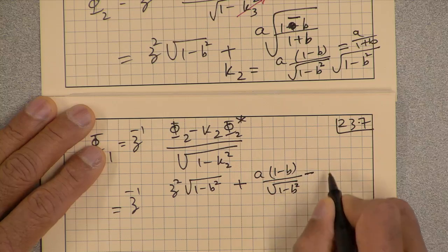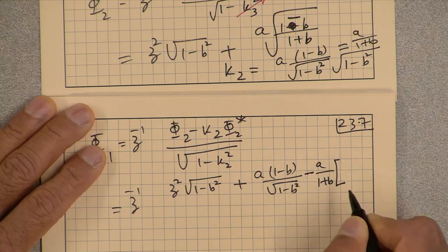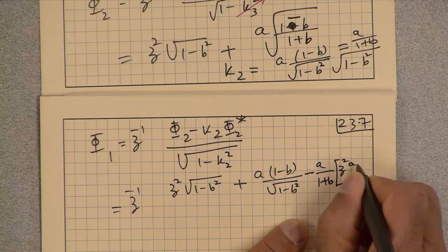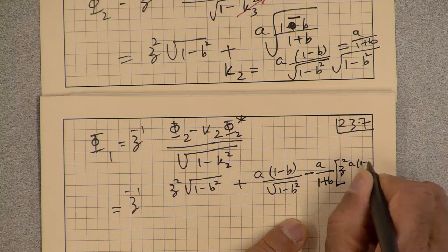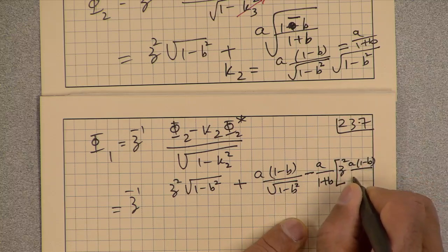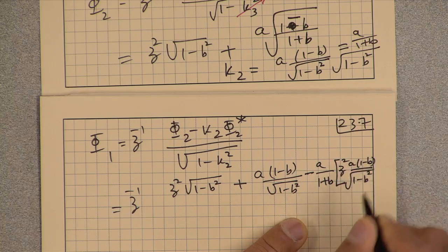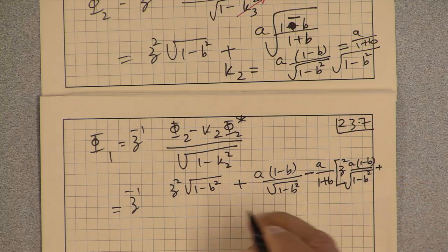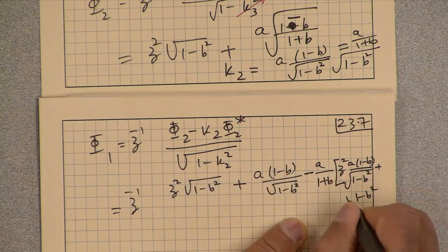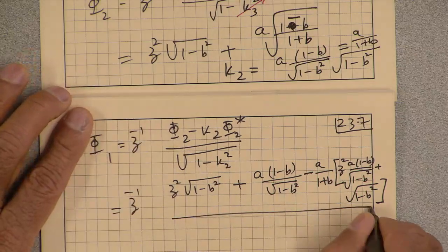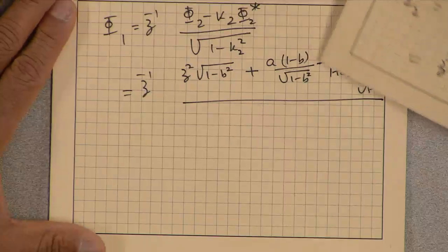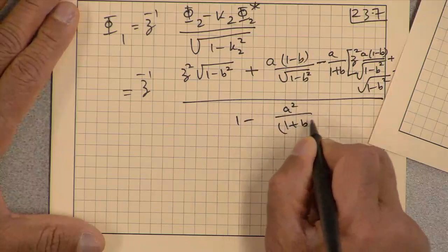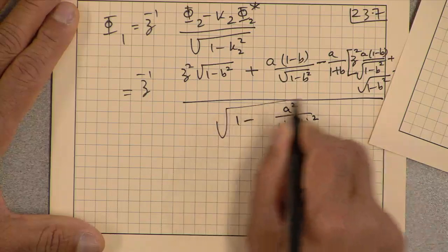Okay, minus k2 times this quantity times z squared, the reverse polynomial, plus that quantity, divided by square root of 1 minus k2 squared. Okay. All right.